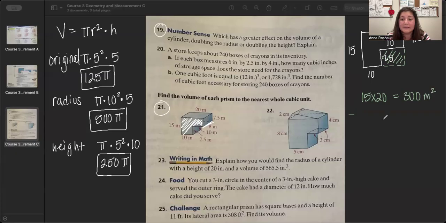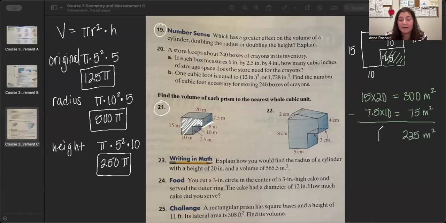Now I need to subtract this 7.5 by 10, which is 75 square meters, because that's the piece that was taken off. So 300 minus 75 is 225 square meters.